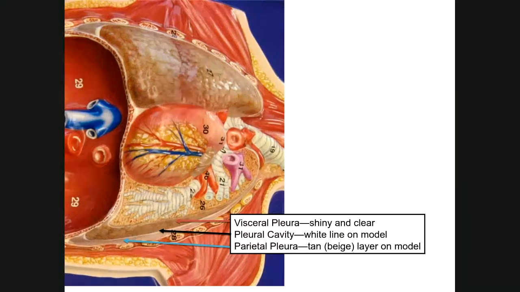If we blow it up here, look, there's the lung. It looks spongy. But look here, that is not the lung. That is the visceral pleura. And that is not the lung. That's the parietal pleura. And that white line between the 2 is the pleural cavity.